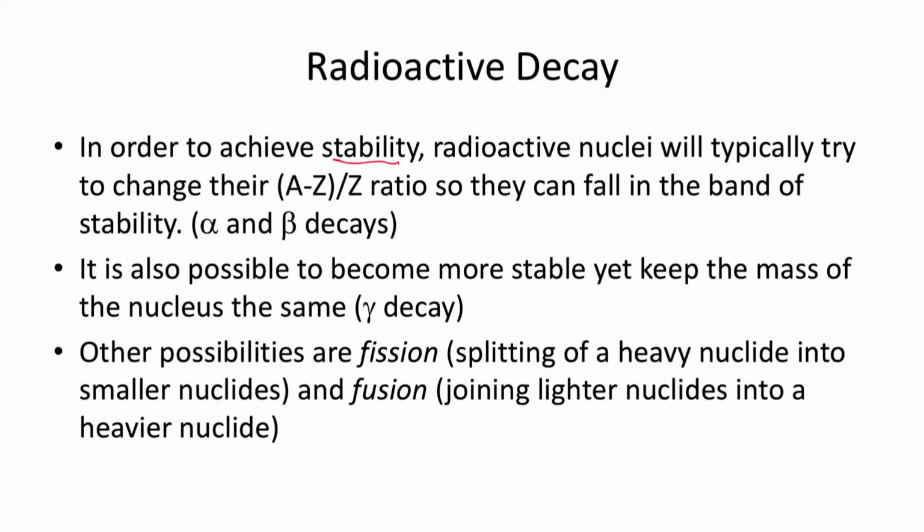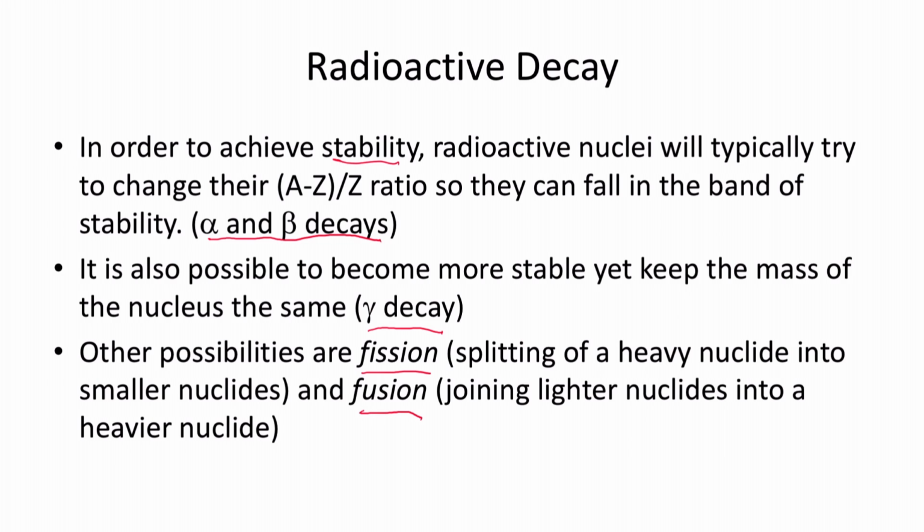We can change the ratio of neutrons and protons by doing two things. One is called alpha decay, the other is called beta decay. It's also possible to keep the ratio the same but still become more stable. That's called gamma decay. And there are two other possibilities called fission and fusion, which are actually the basis of nuclear reactions.